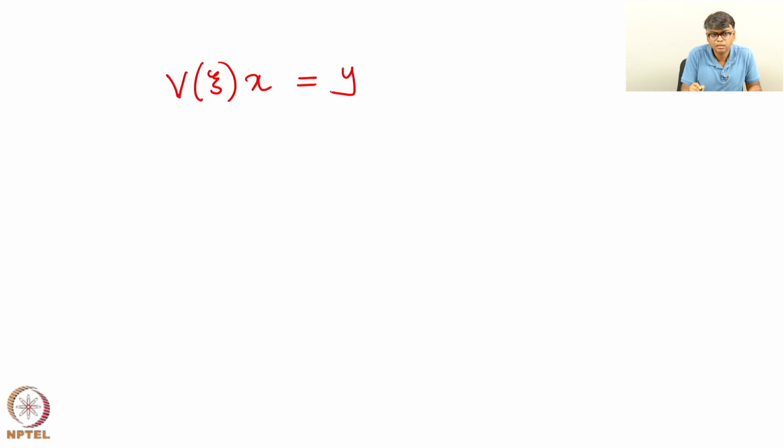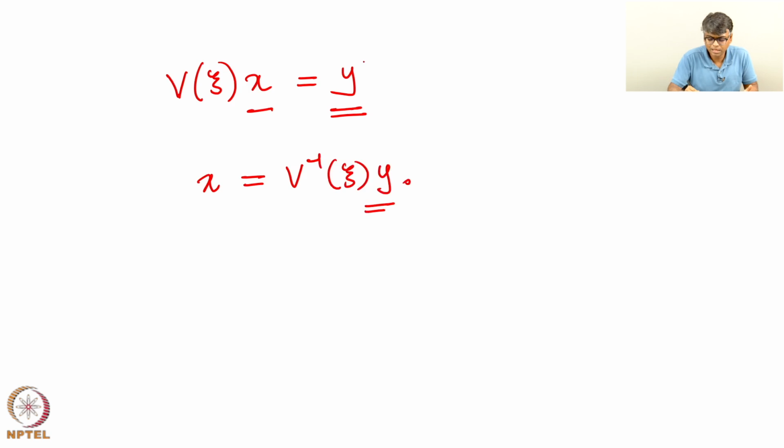But now notice, how are x and y related? V(ξ)x is equal to y. I say x and y are uniquely related to each other. There is an isomorphism between x and y. Why? Because V(ξ) is a unimodular matrix. You see, this means x is given by V inverse(ξ) acting on y. So the moment I have a solution for y, I have a solution for x and vice versa. So I might as well concentrate on y itself.